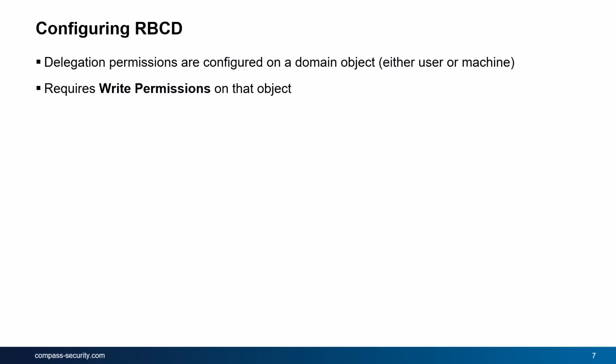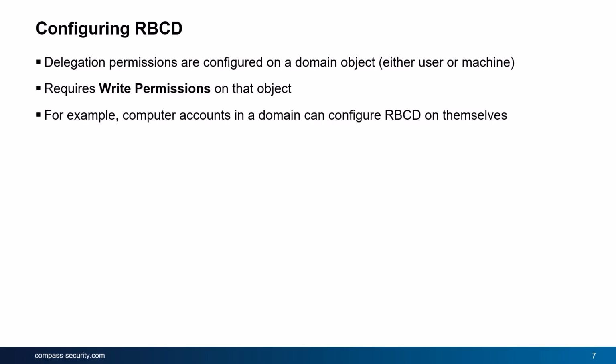Compared to the previous forms of delegation, constrained and unconstrained delegation, where domain admin rights or equivalent were required, here it's only necessary to have write permission on the respective object. So for example, computer accounts within an Active Directory can configure resource-based constraint delegation on themselves, since they have write permissions on their own accounts.